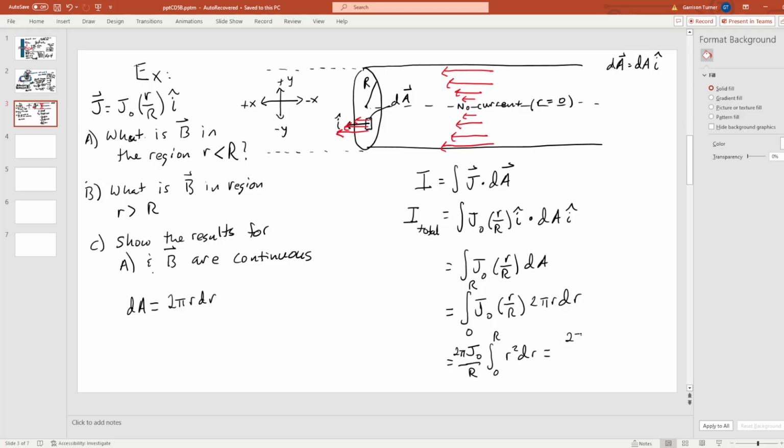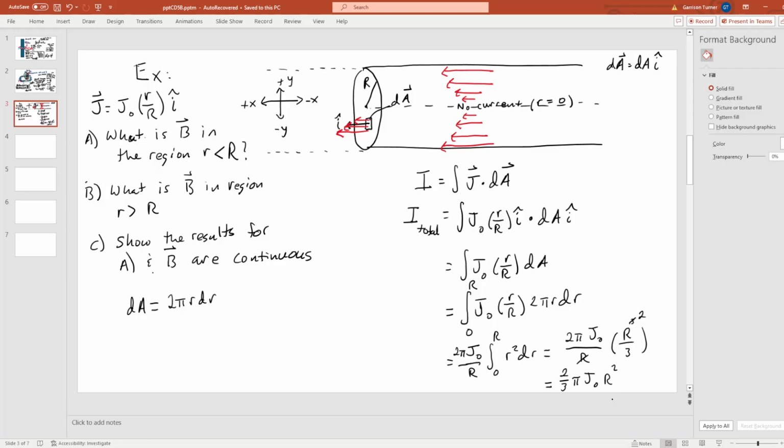So this is 2 pi J naught over capital R times capital R cubed over 3. Okay? And that cancels with one of those, and so I have a squared there. Okay? So the final result is 2/3 pi J naught R squared.